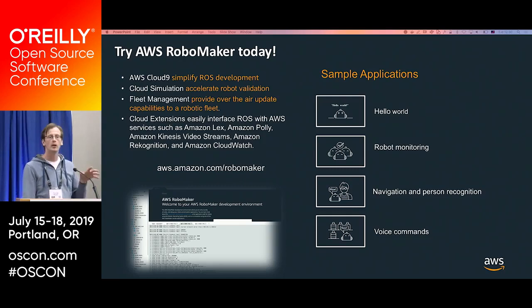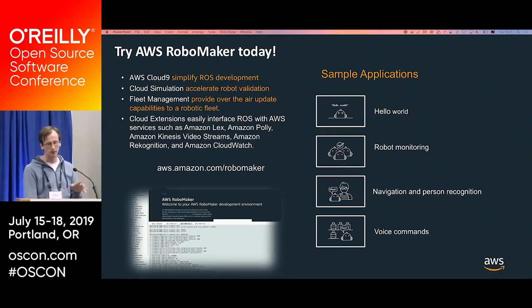Cloud simulation will allow you to directly see what your robot application is doing, and to prototype and validate quickly without necessarily requiring real hardware. Fleet management is then going to help with the last stage: now that you have your robot application, how can you put that into production and update it over a large number of robots in the field? And if you want to integrate with AWS, we will also make that easy for you.